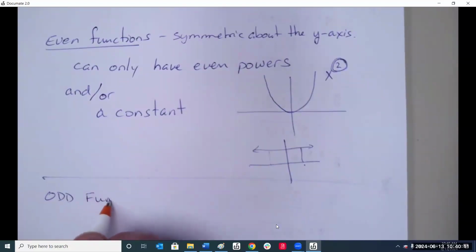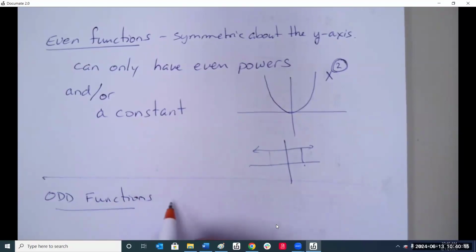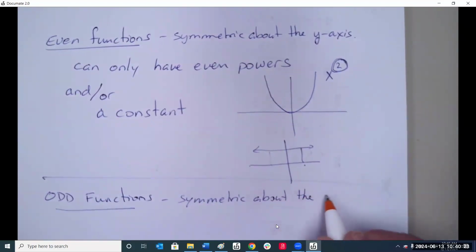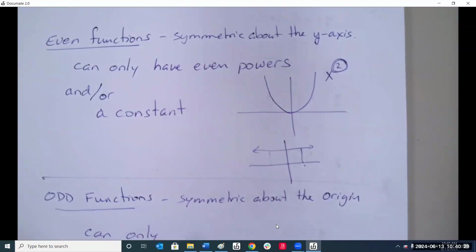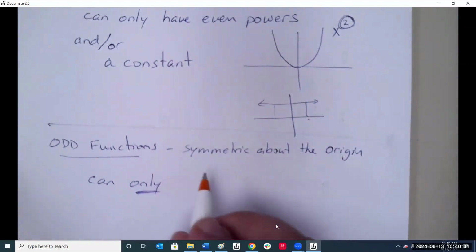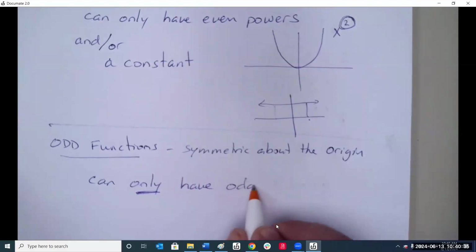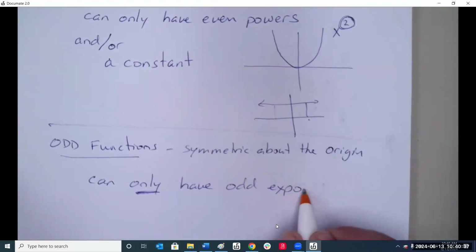Odd functions are symmetric about the origin, can only have odd exponents.